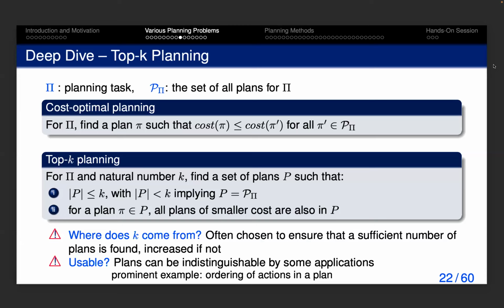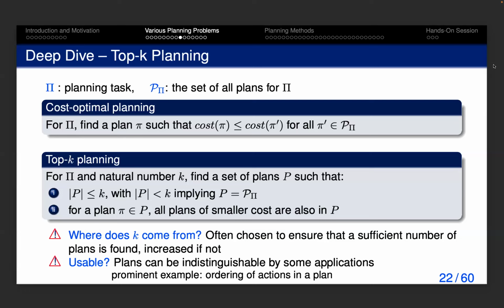Okay, there are a few issues with this definition. We need the parameter K, which is usually application dependent. Most applications were using a rule of thumb of 1,000 plans, more or less. If you found enough plans, great. If you didn't find enough plans, you increase your K, and so on. The main problem was that in many cases, many of the plans in the set are indistinguishable from the application perspective.